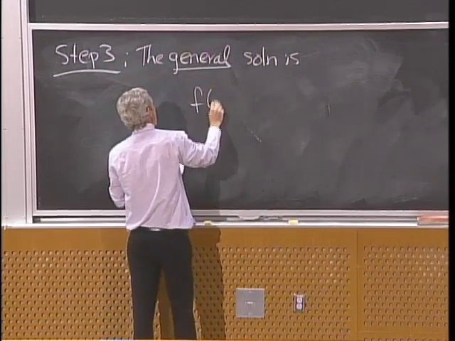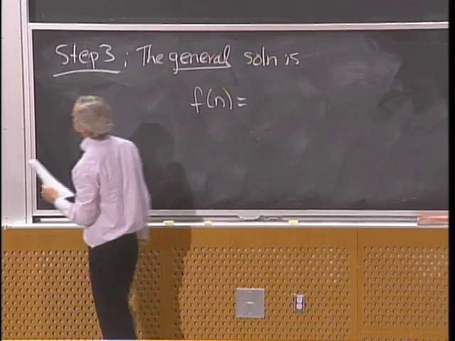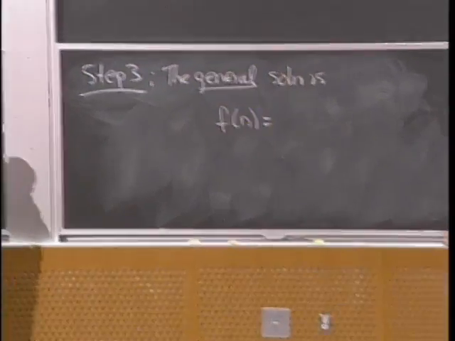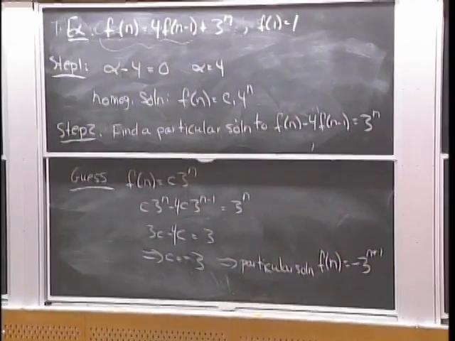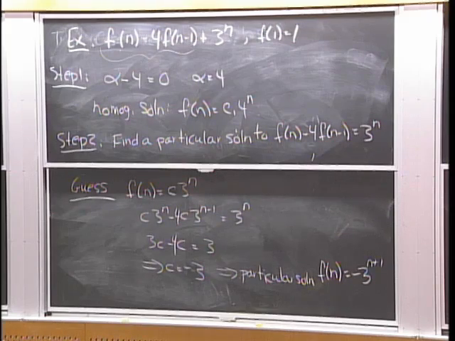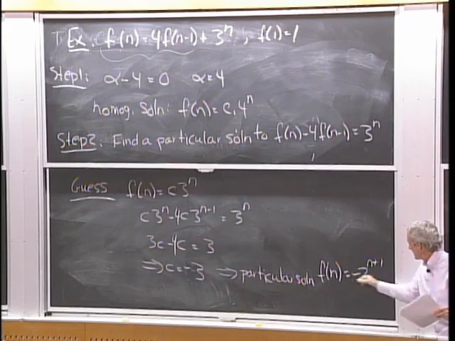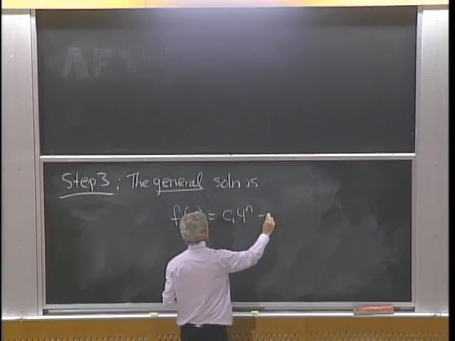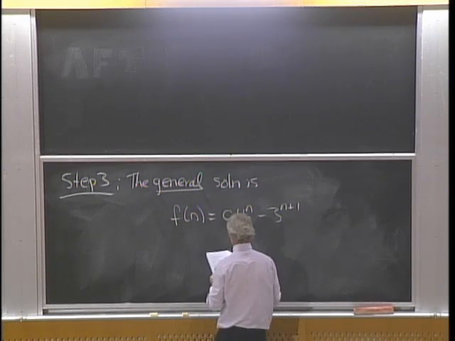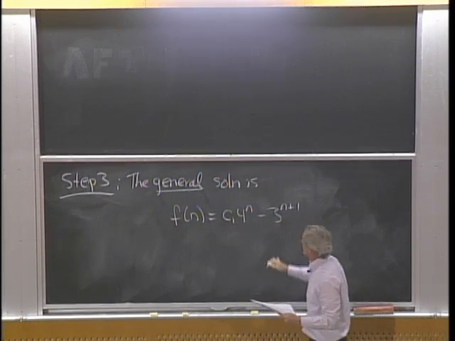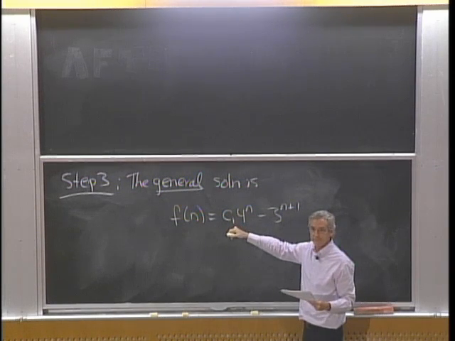So we take f of n equals c1 times 4 to the n plus negative 3 to the n plus 1. And all I've got to do is determine c1. And I do that from the boundary conditions.